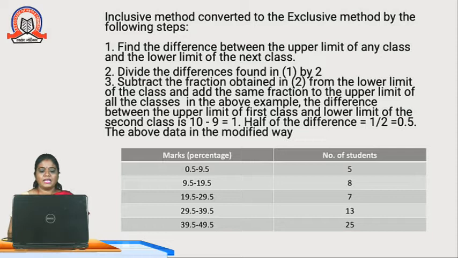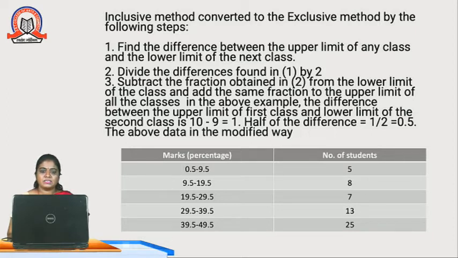We get the answer 1. That is 10 minus 9, which is 1. After that, the same procedure applies to every interval: divide the value we get by 2. So here our answer is 0.5.